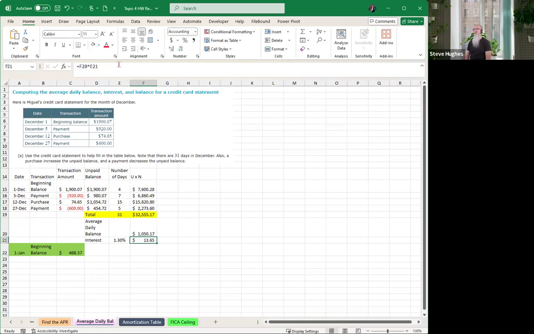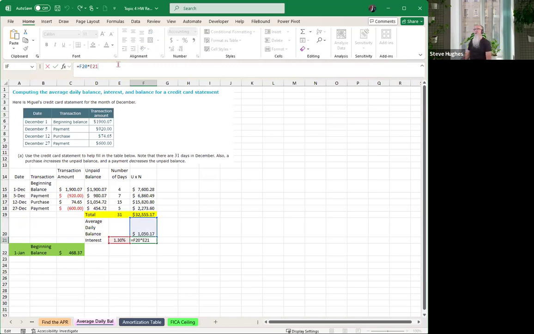Okay, perfect. Now, once we've calculated our average daily balance, they also may ask us to include the interest for the next month. How do I calculate the interest? Notice with me here, everybody. For this question, the interest is calculated on the average daily balance times the monthly interest rate, which is 1.3%.